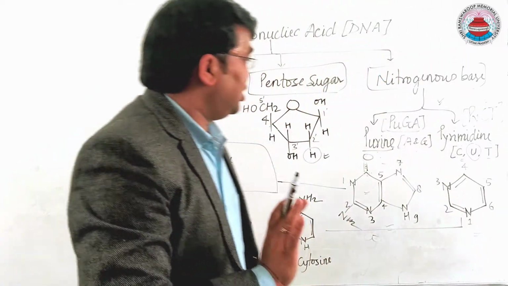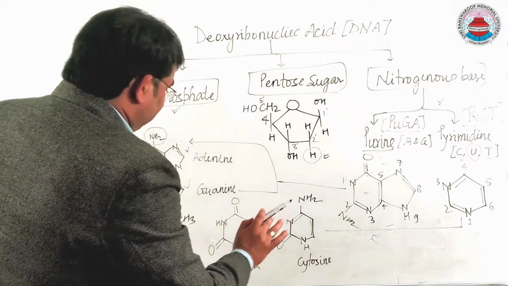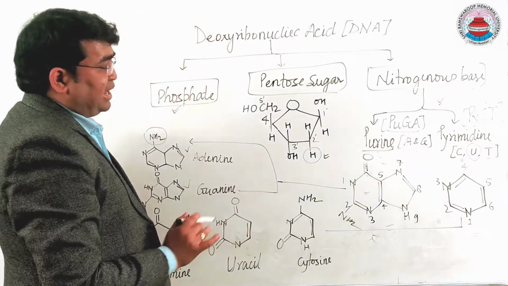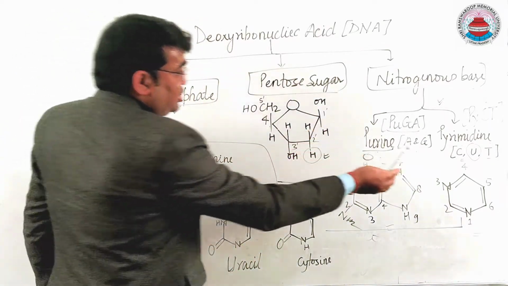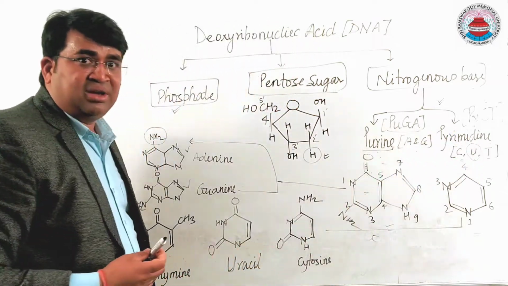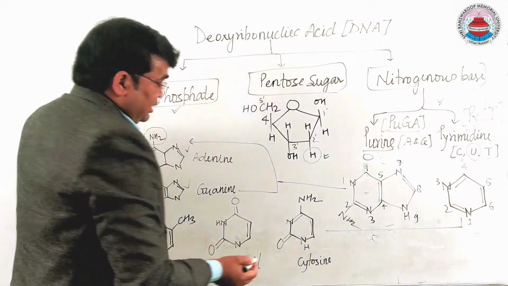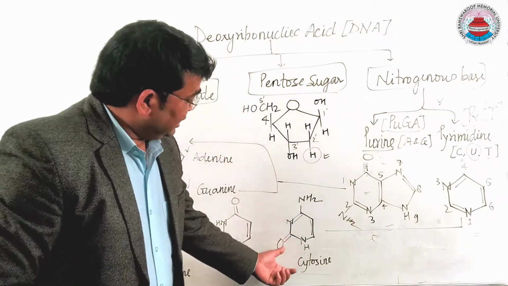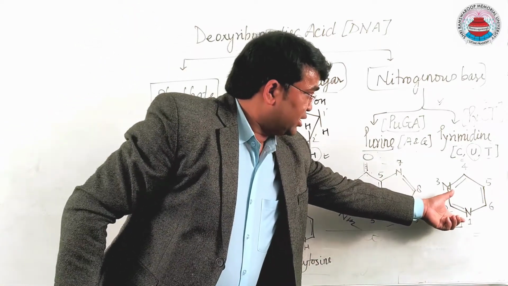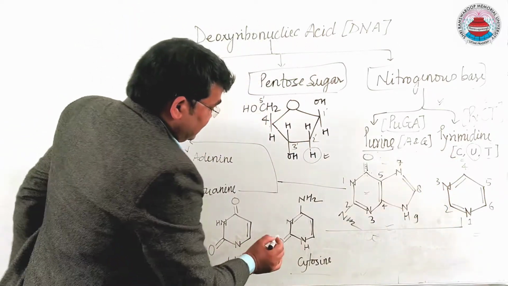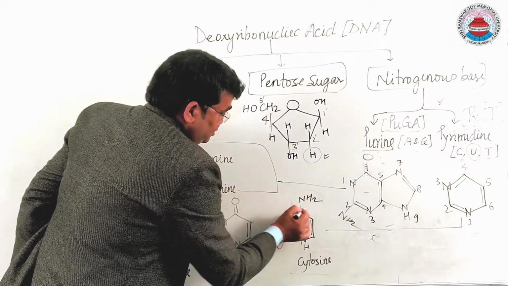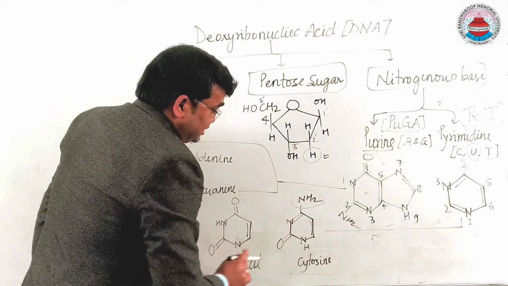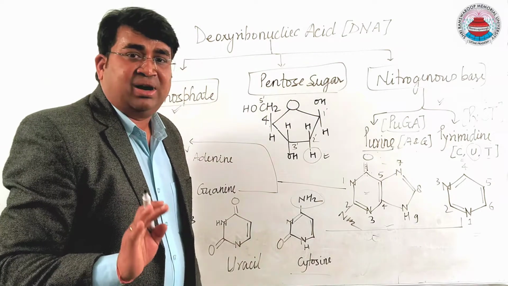Now coming to the pyrimidine nitrogenous bases. As I told you, the pyrimidine nitrogenous bases are cytosine, uracil and thymine. Coming to the cytosine structure, cytosine is composed of the basic ring compound of pyrimidine, with a modification of an amino group at this position and then a modification at the meta position with a double bonded oxygen.